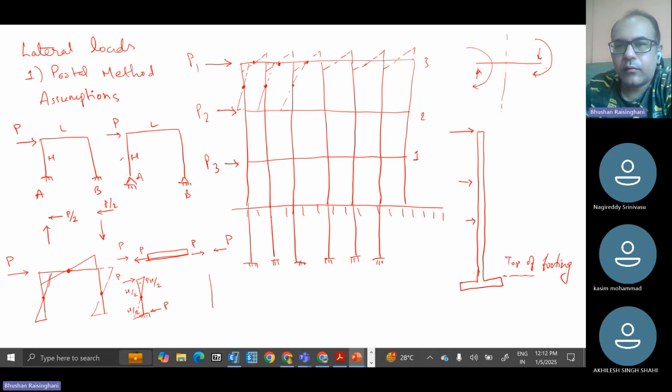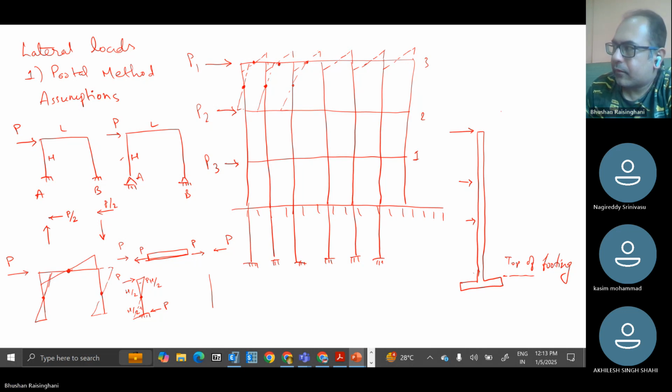So on the right side, the clockwise moment is considered positive, or on the left side; where you want to consider positive or negative is up to you. But what I say is, if I give it a negative sign, this will be the positive sign to be considered, and this will again give a moment P into H by 2 to me.